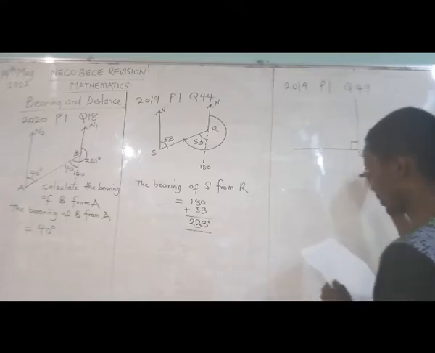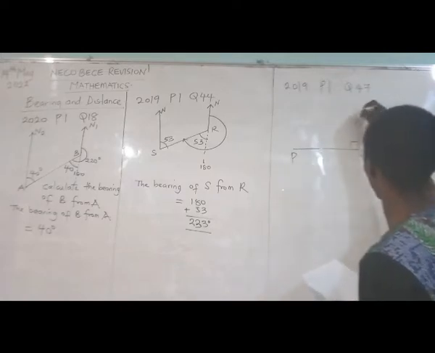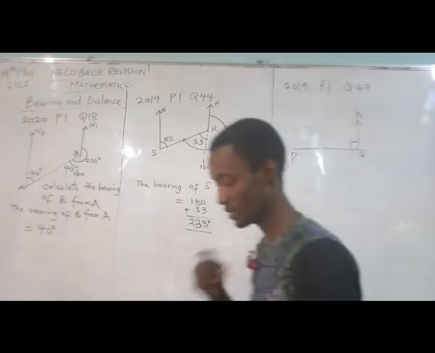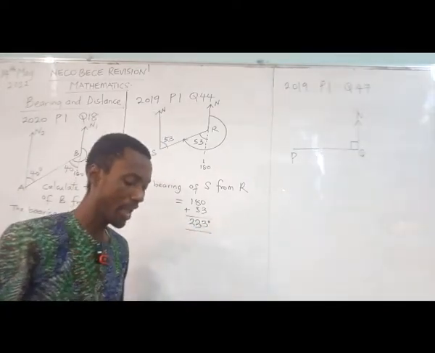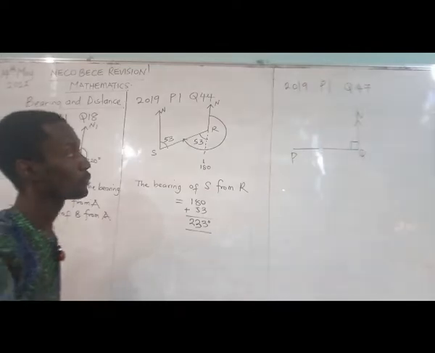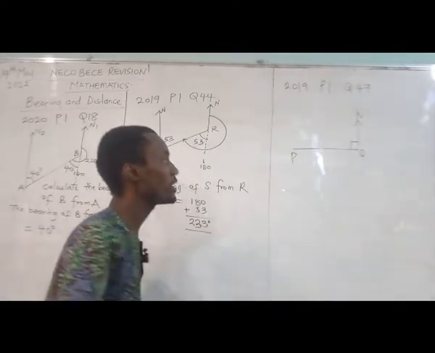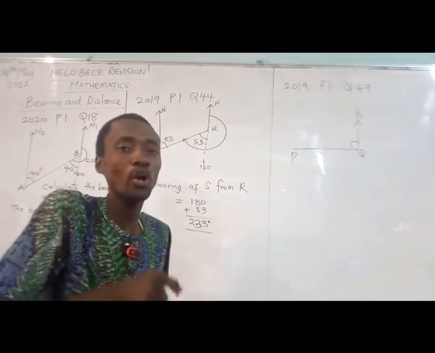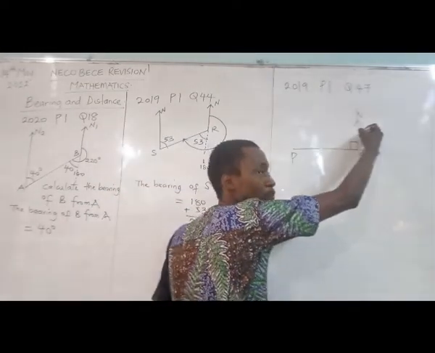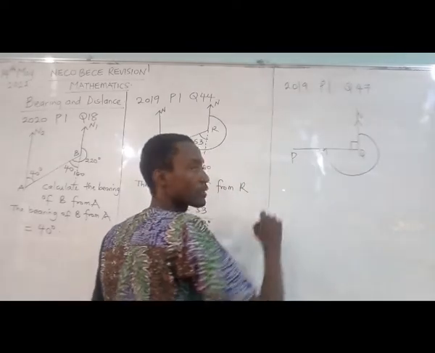This is Q, this is P, and this is North. Let me draw this too long. You are told to say what is the bearing of P from Q. This one is a very cheap question. P from Q means that take the angle of Q. Just notice your North and roll the thing till you get to this point.